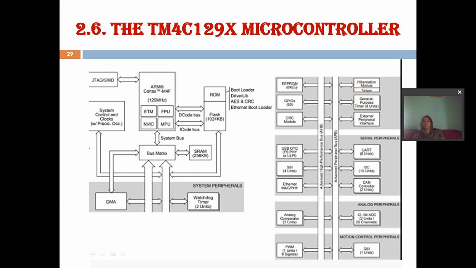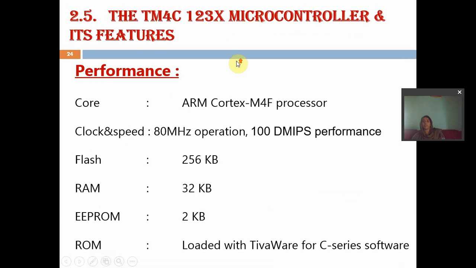Next one is general purpose timers. For the remaining blocks we need timers. All the timers are connected with the help of general purpose timers. And CRC and external peripherals. CRC, cyclic redundancy check, is mainly used for security. This block is not there in the 123.